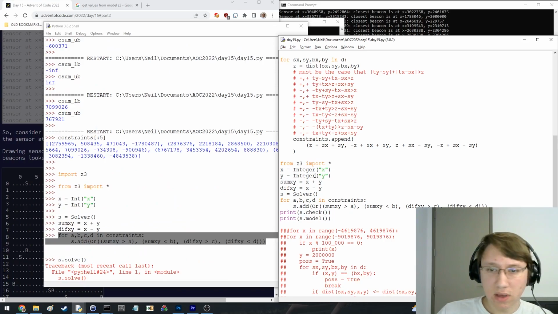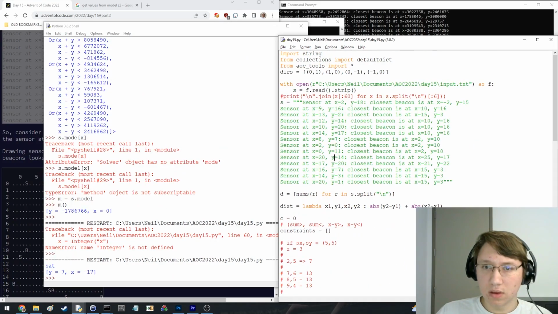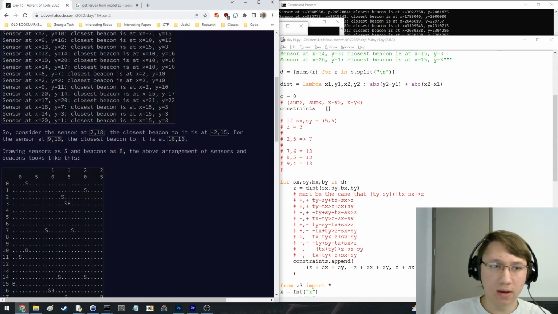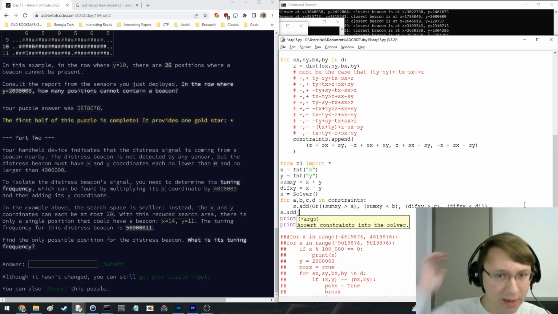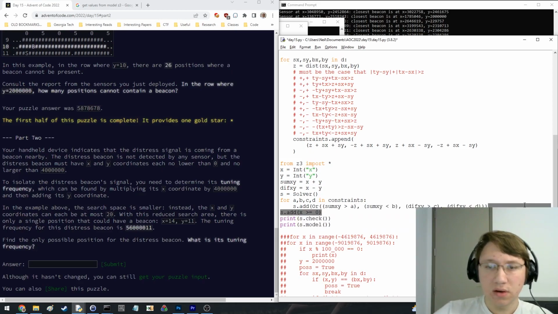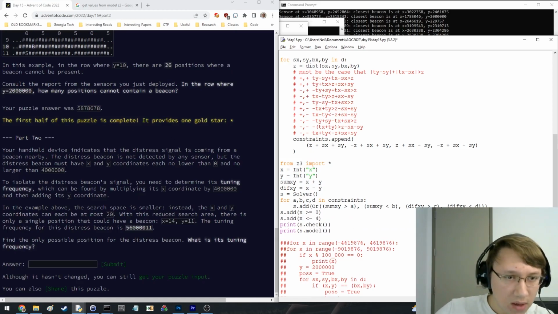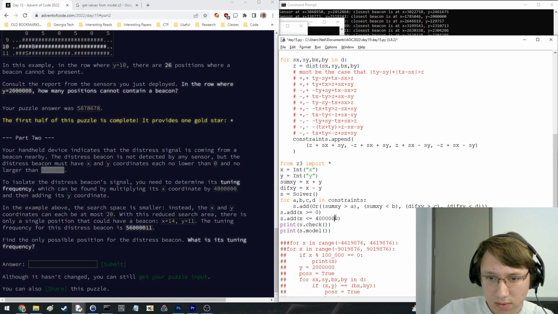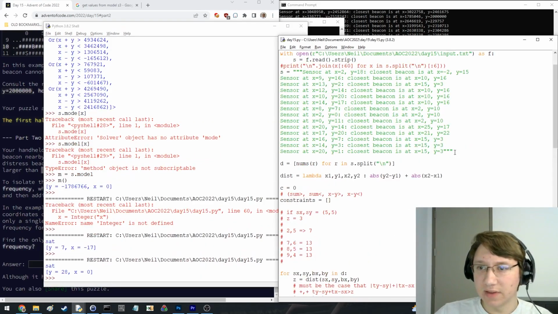Is it int? It is empty. So we have the new input, and sorry, there's another constraint here that I missed. This is an obvious constraint we need. So we need x greater than 0, and x less than or equal to the bound. I'll just copy this, and we need the same constraints for y. We're going to get rid of the sample input.